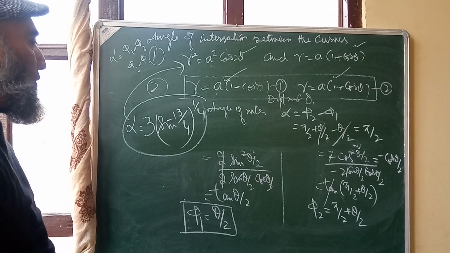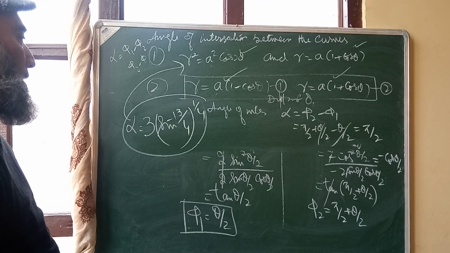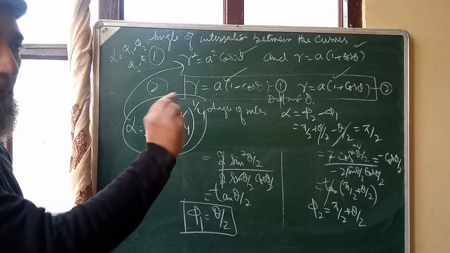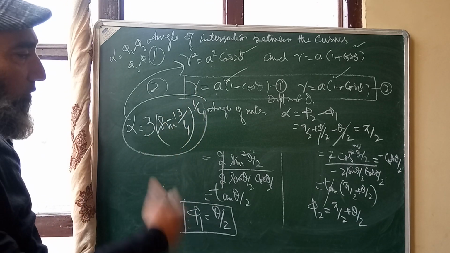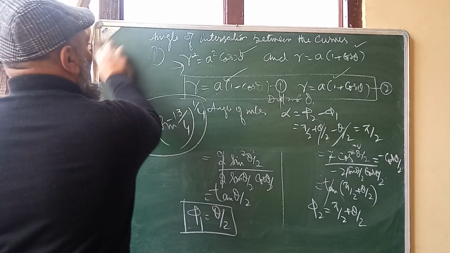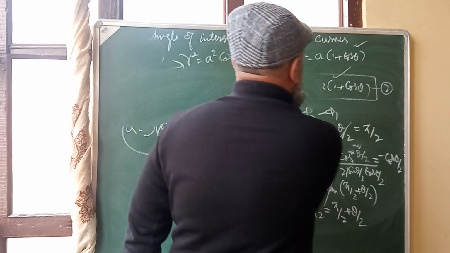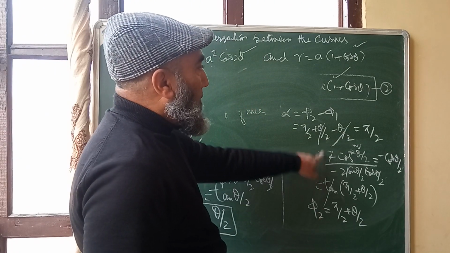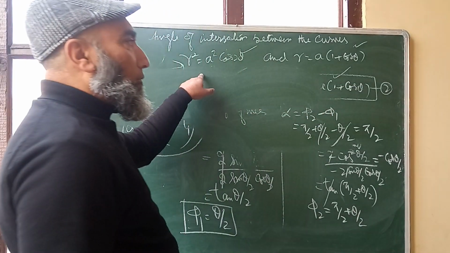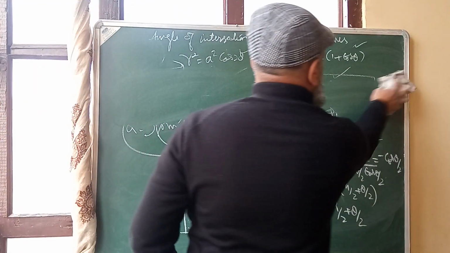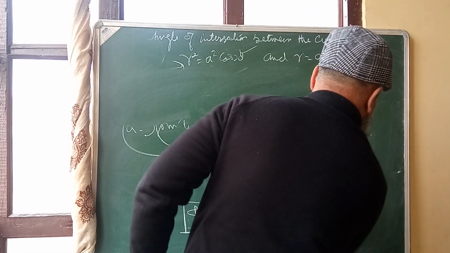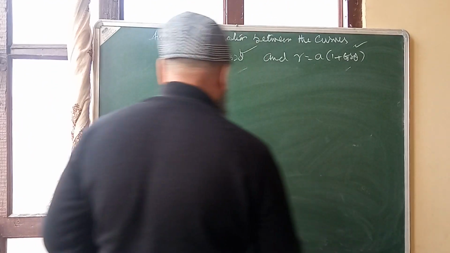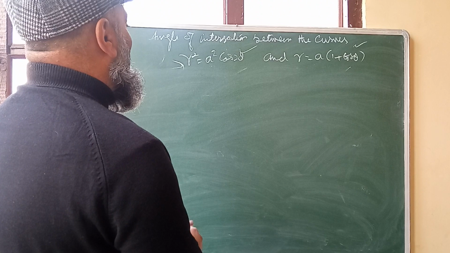Now let us see how this comes out, or there may be some mistake, some correction that can be done. Okay, now I have two curves. For r equal to 1 plus cos theta, I know what phi 2 is, and I know it for this curve also, because both these questions have been solved.